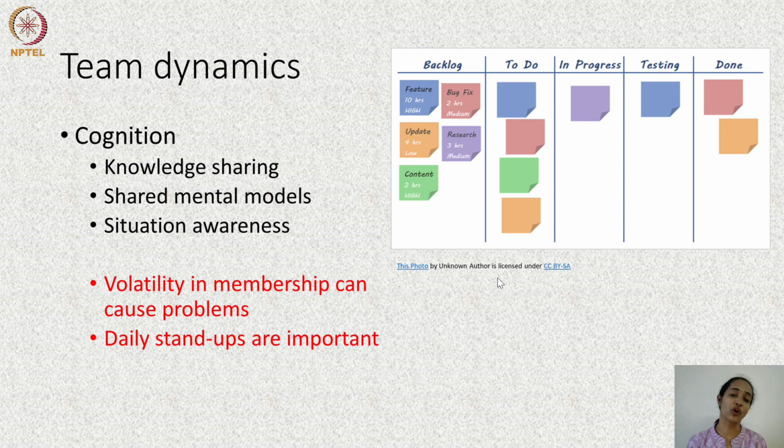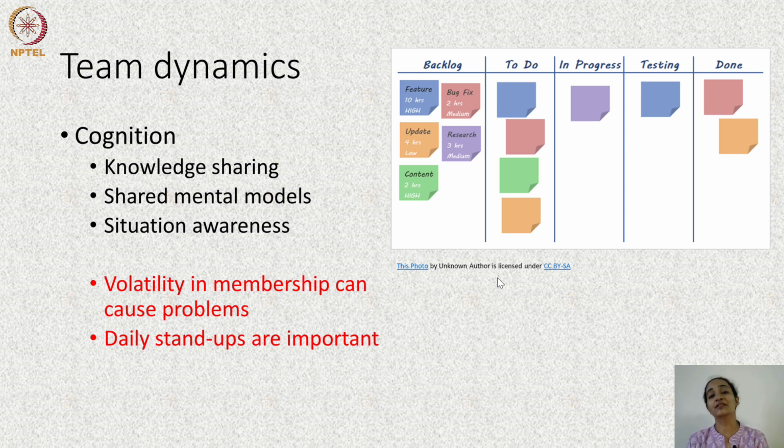This sharing of knowledge should lead to the development of a mental model which is congruent between all the team members. That is, an understanding of who does what, that is the teamwork, and what kind of work should be done, which is the task work, should be spread among all the team members.